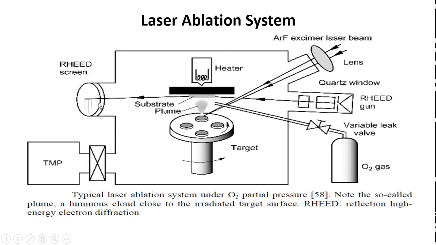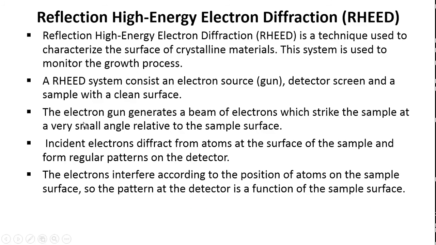This is a screen very similar to a TV screen. Okay, I will tell you what this screen is and what its important advantages are. Then the electron gun generates a beam of electrons which strike the sample at a very small angle relative to the sample surface.